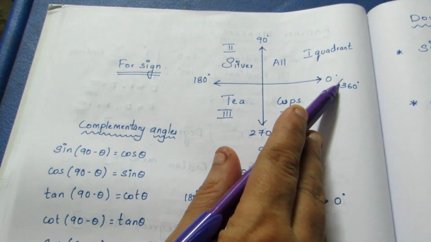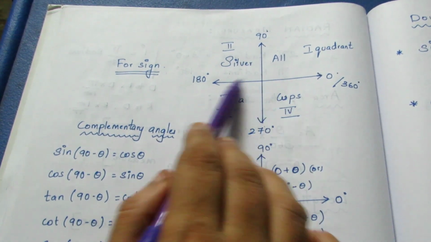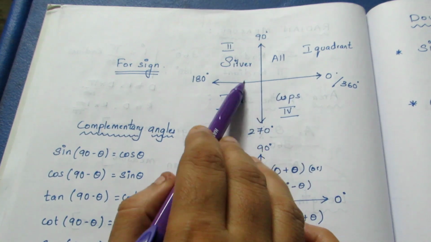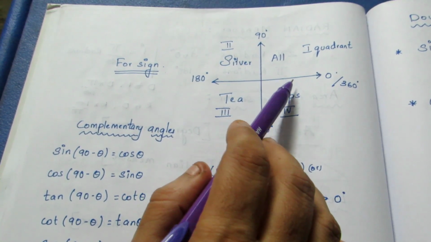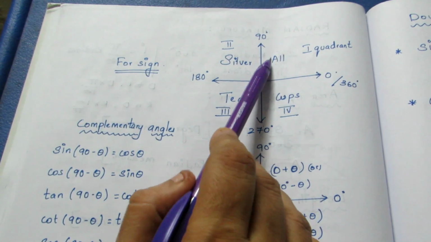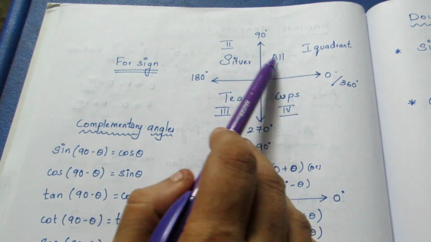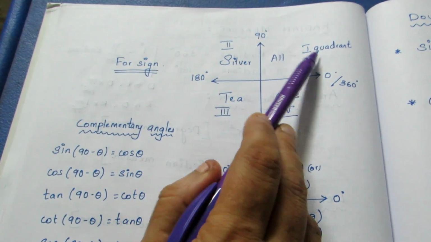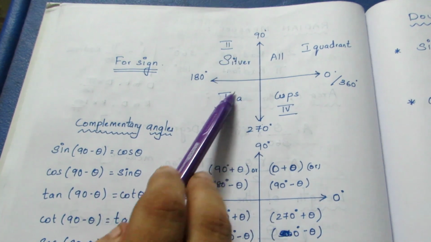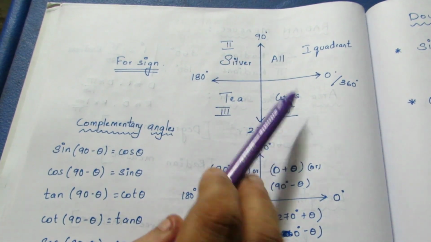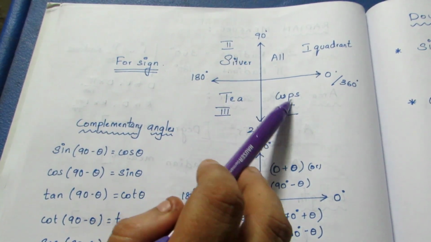Again this will be my 360. We know the graph of this and the values of these lines. Let us remember this by All Silver Teacups. This is the first quadrant, your second, your third and your fourth quadrant.